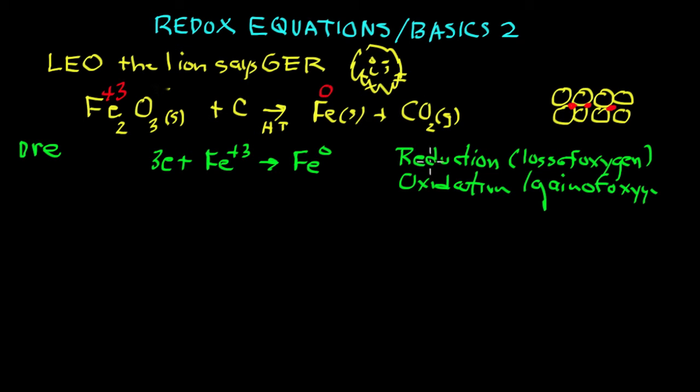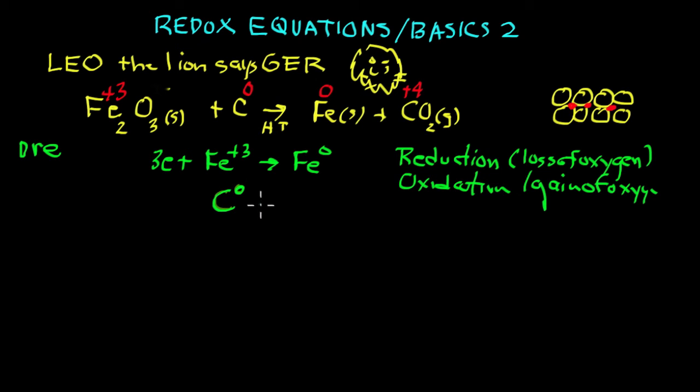The main thing we need to remember, on the other half of this equation, carbon has gone from 0 to the oxidation number here, +4. Now, how did that happen? That is a loss of electrons. Carbon is neutral here.